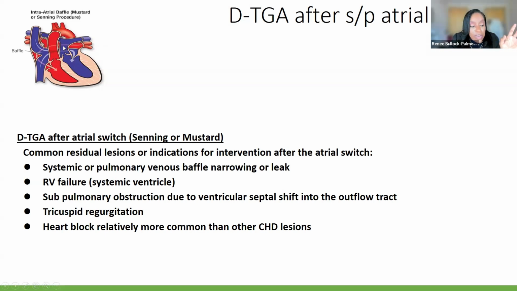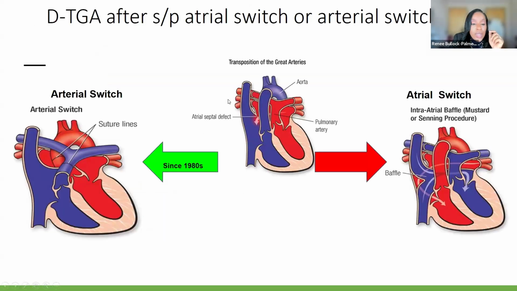There are lots of complications that can happen with these repair patients with the atrial switch. They can have arrhythmias, they can have stenosis of the baffles, they can have baffle leaks as well. Because the right ventricle is functioning as a systemic ventricle, over time it can develop RV failure through systolic dysfunction.